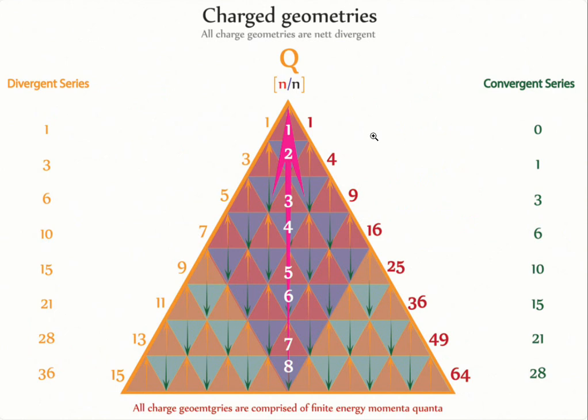Charge itself, net charge, large Q, is simply the result of the addition of quantized charges or geometries. In this case, each boson has an odd number of charge quanta, as you can see here. Top one has a single quanta, so it's a net charge of 1.